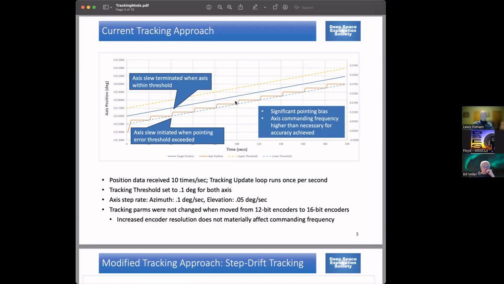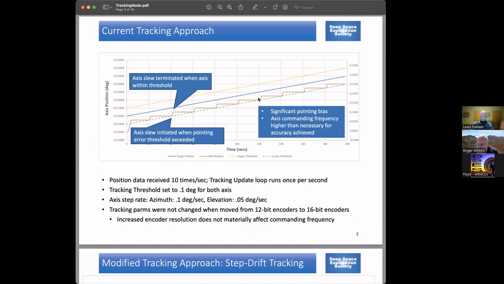And so you can see from the diagram that with this approach, there's a pointing bias. The axis is always below, or in effect behind, the object. Now, if the object was going negative rates, with the trajectory pointing down, it'd be the opposite. It'd always be somewhat above it. The other effect of this is that the axis commanding frequency is higher than necessary for accuracy.